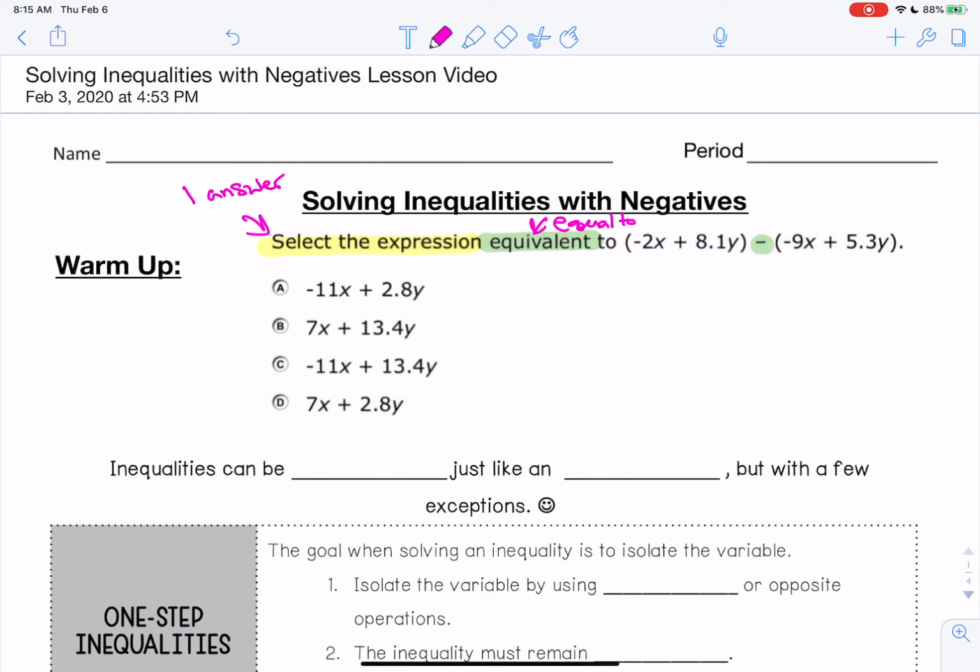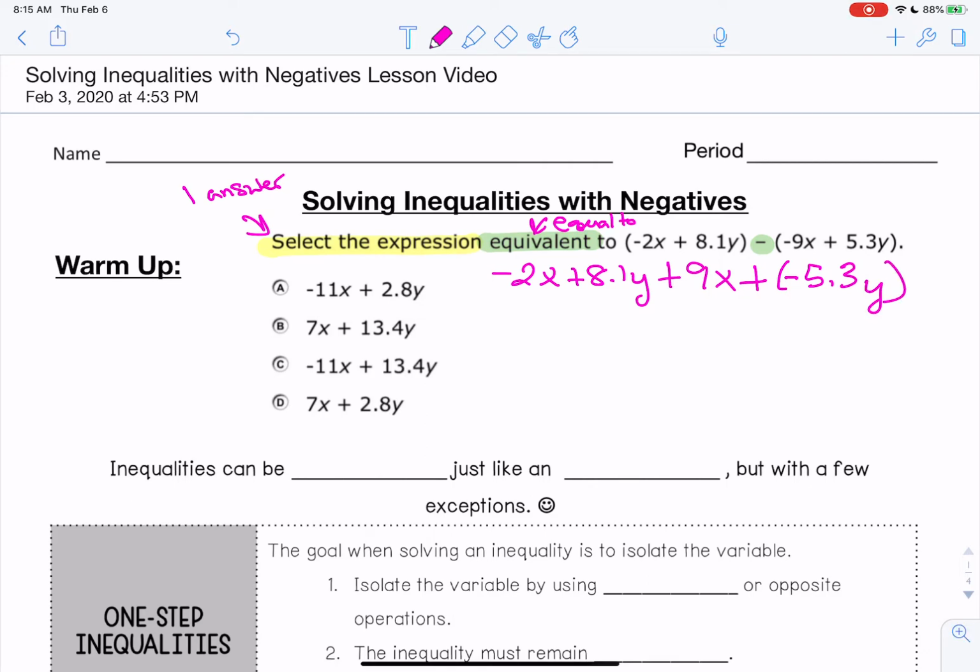If you recall, when we're subtracting, we're actually adding the opposite. So let's go ahead and do that. We have negative 2x plus 8.1y, and we're going to add the opposite. So it's going to be plus, the opposite of negative 9x is a positive 9x, plus the opposite of a positive 5.3 is going to be a negative 5.3y.